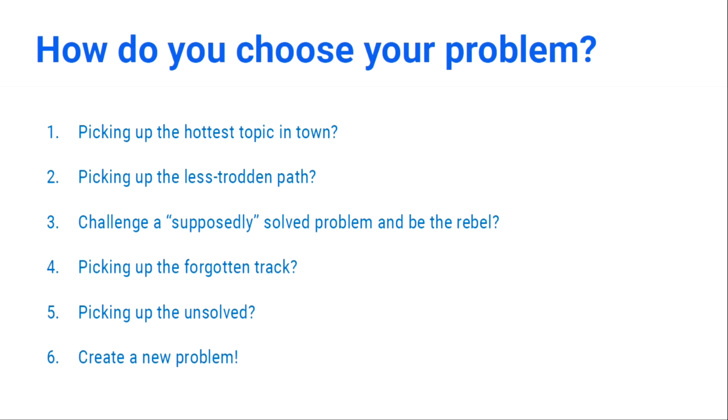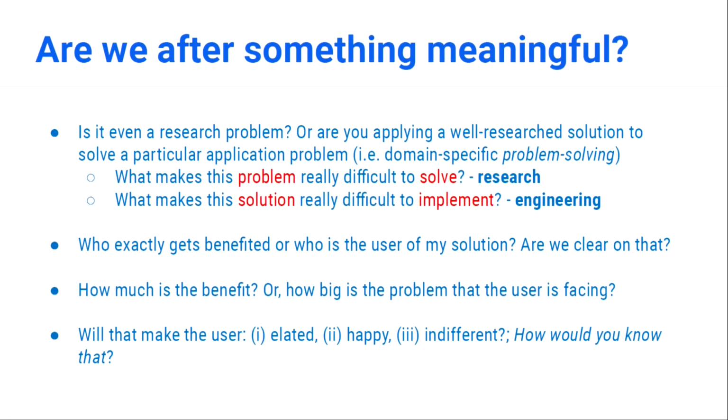Okay. Picking up the completely unsolved. Okay, great. Create a new problem. Wow. Good. Every style is valid, so long as you do this, they are meaningful. It doesn't matter what your style of choosing a problem is, so long as the problem is meaningful, right?